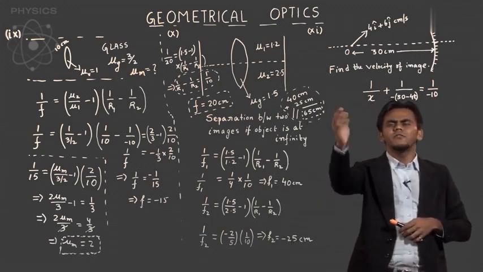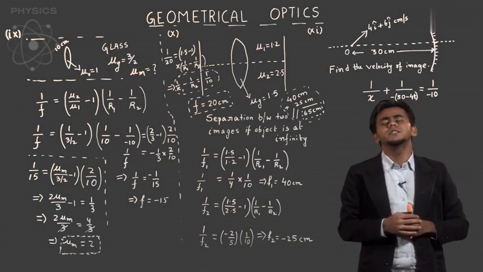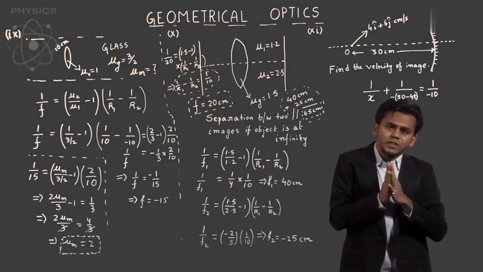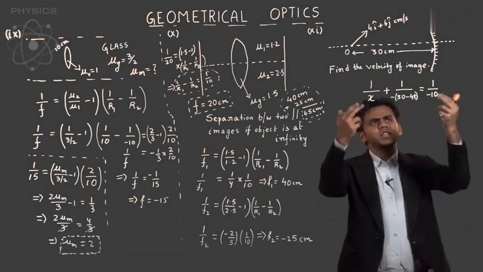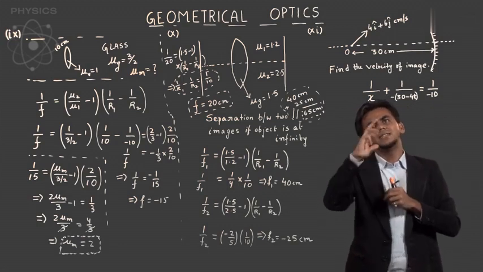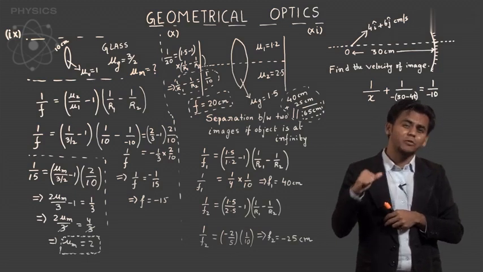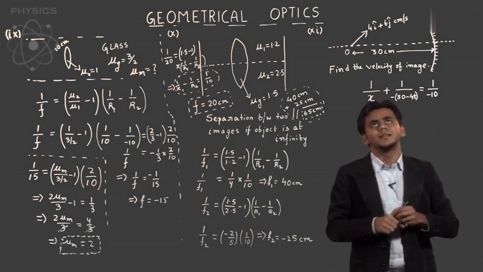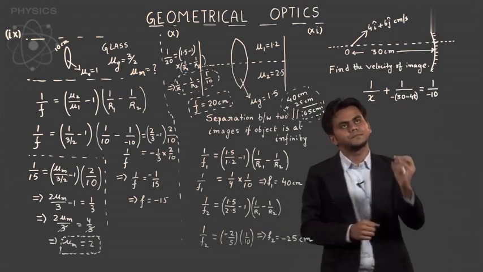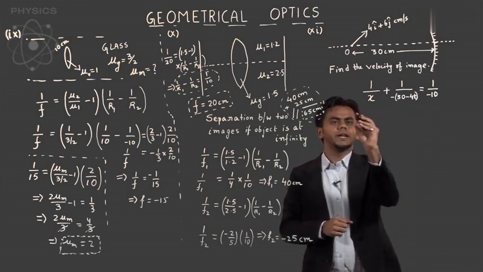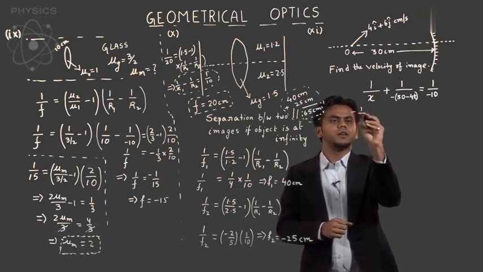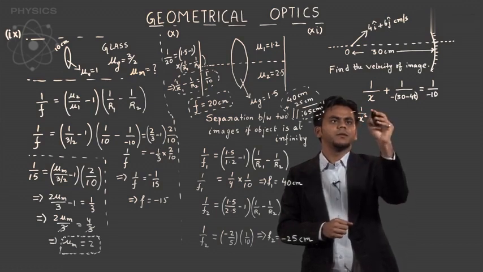Now this is giving you x as a function of time, the position of the image as a function of time. And if I differentiate it once, I'll get dx upon dt, or the horizontal velocity of the image. Let's try to calculate that. If you differentiate it, you'll get minus 1 by x square.